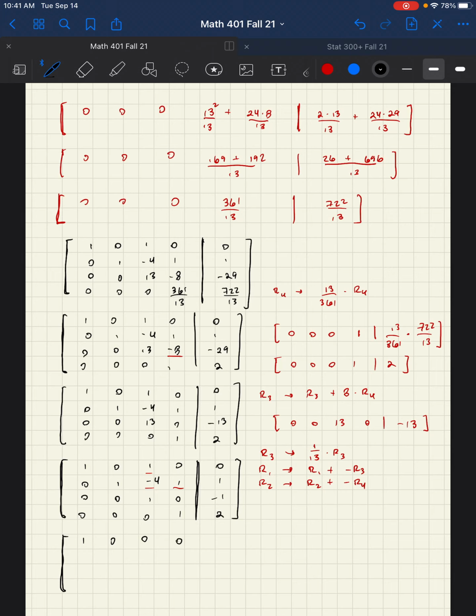So 1, 0, 0, 0. Negative 1 times negative 1 is positive 1. Plus 0 is 1. 0, 1, negative 4. And then negative 1 times 1 is negative 1, plus 1 is 0. Negative 1 times 2 is negative 2, plus 1 is negative 1.